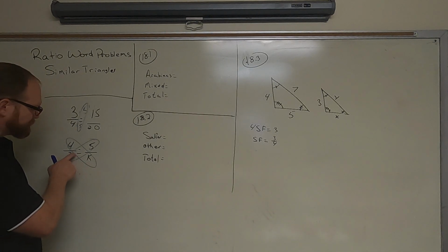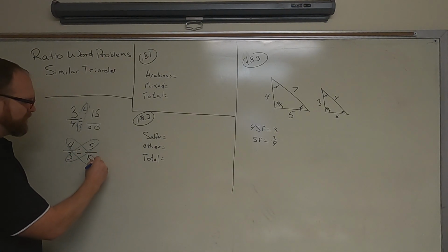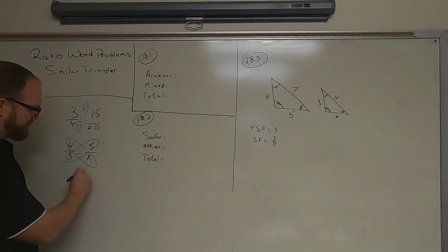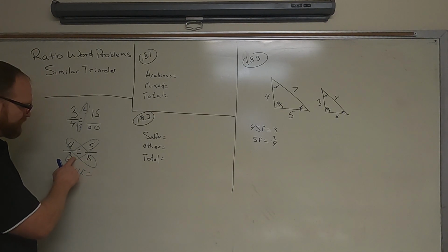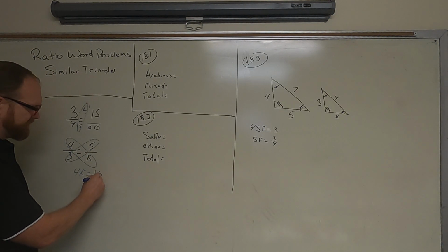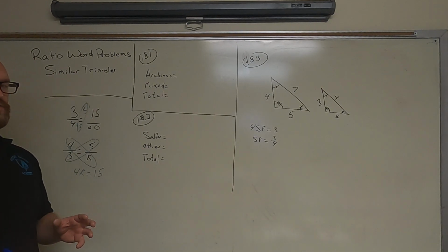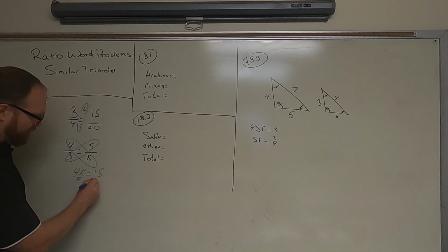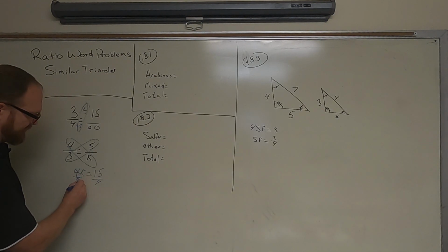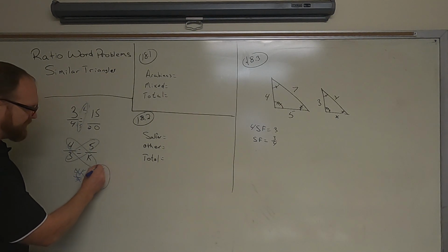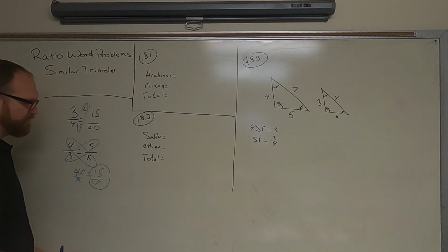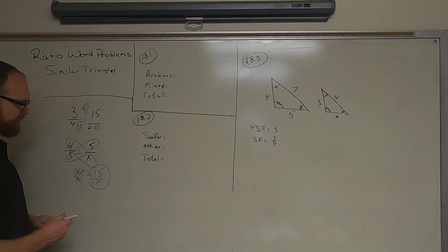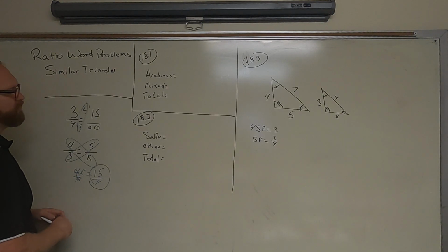But anyway, we'd say 4 times k, or 4k, is equal to 3 times 5, which is 15. And now our basic algebra tells us to solve for k, just divide by 4 on both sides. Of course, the 4's cancel here, and k is going to be 15 over 4. And so that's another easy way to use those proportions.